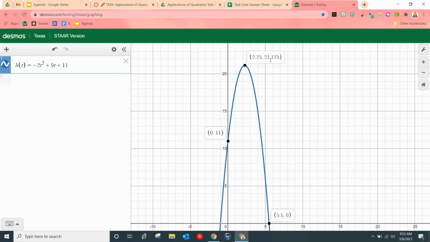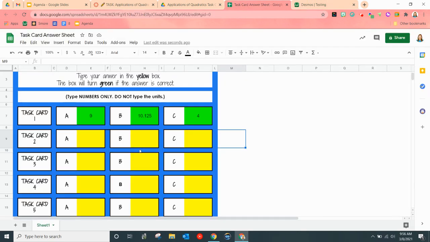These are the coordinates of the maximum. But when they're talking about the height, that's where y would normally be. That's your y value, and usually it's the bigger number. Usually your x value is your time. So 2.25 seconds is how long it took him to get to his maximum height, which is 21.125. Again, you can round this if you want, or you don't have to. It should take it both ways.